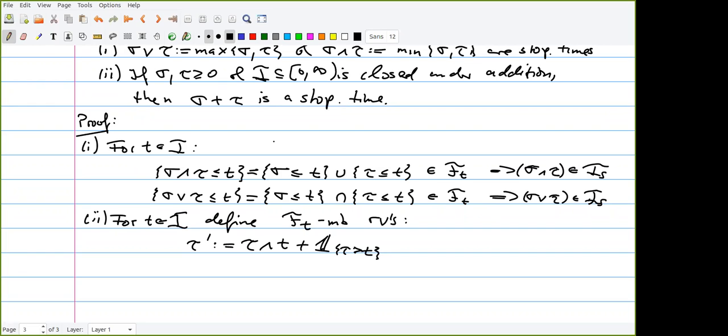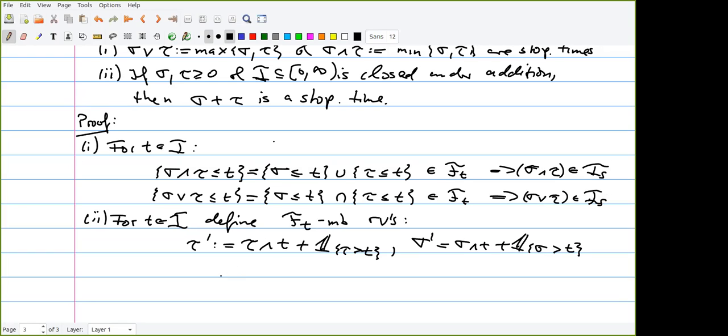So the idea here is that if tau is bigger than t, we set the random variable tau prime to be t plus 1. And we define the same for sigma, so sigma min t plus the indicator function of sigma being strictly bigger than t. Again, the same idea.